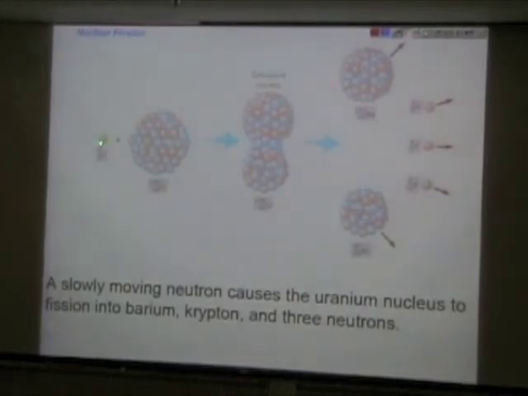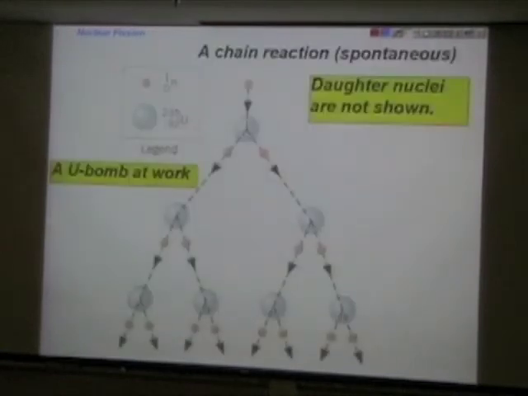So 1 neutron, 3 neutrons. And each of these neutrons can now encounter another nucleus of uranium-235, and each of these could induce the next decay. These particles are really fast moving. So this reaction, if we don't manage it, happens really quickly. And that is how an atomic bomb works. And I have an example, a mechanical model of this situation.